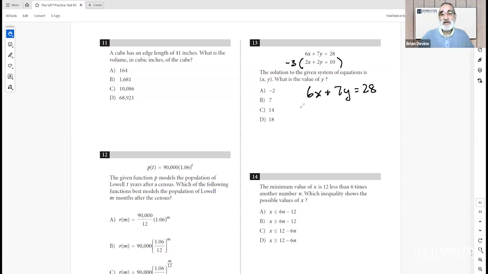And the second equation will be -6x minus 6y equals -30. And then if I add those two equations together, the second one's equivalent to the one up above. I eliminate the x, and I'll have y equals -2. Which is the answer.